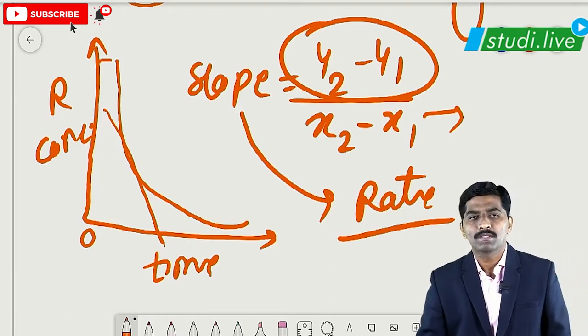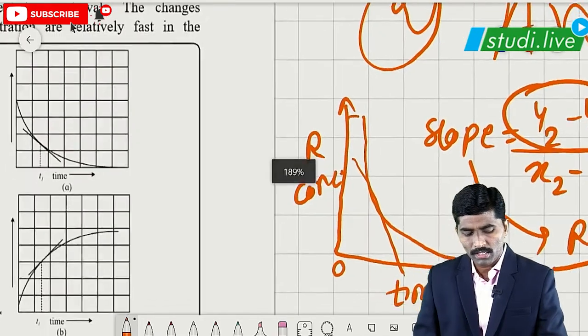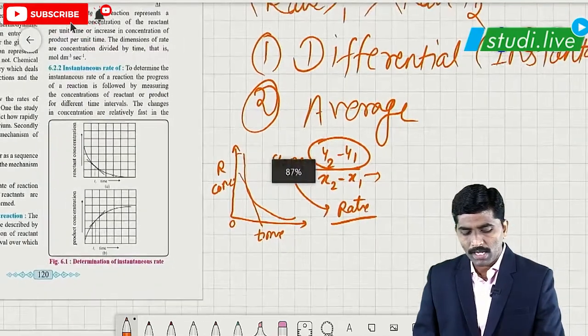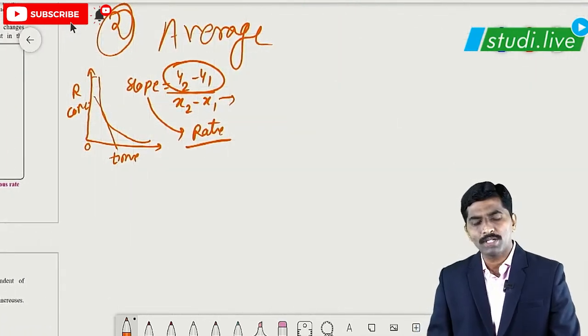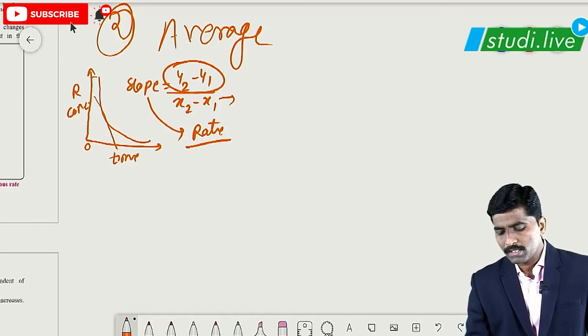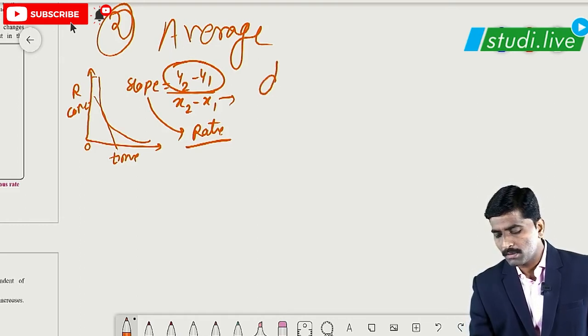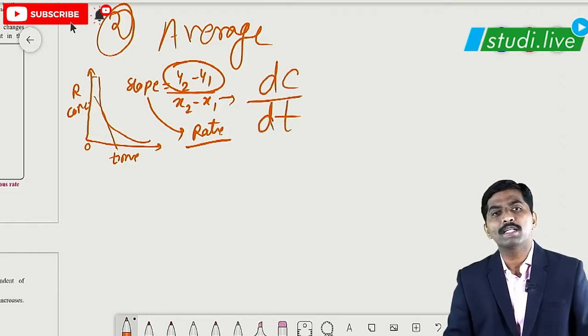So student, what we understand from this is whenever I want to express the rate of reaction, I can give it in a graphical form representing slope y2 minus y1 upon x2 minus x1, but this represents nothing but dc by dt. What do dc and dt stand for?